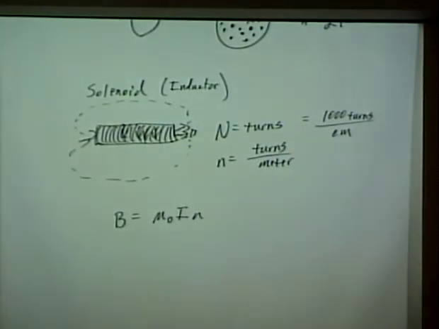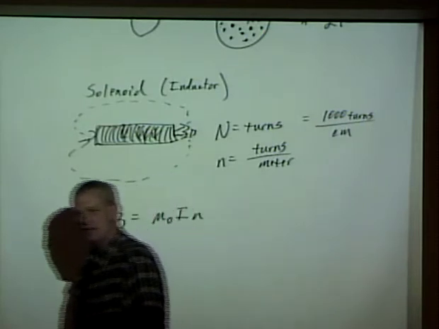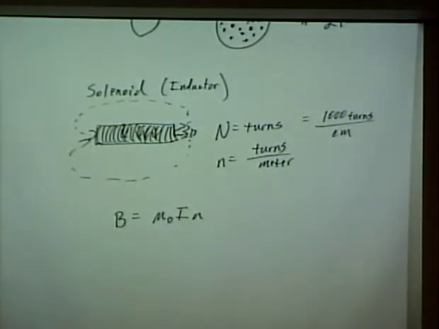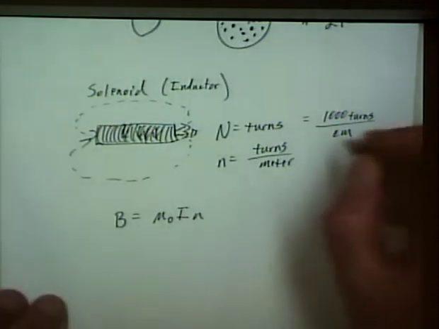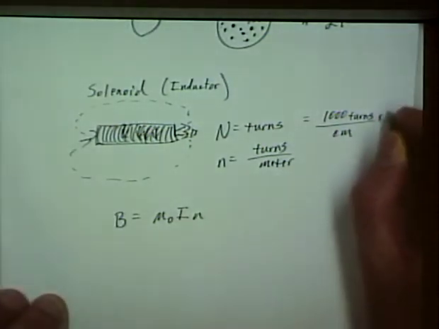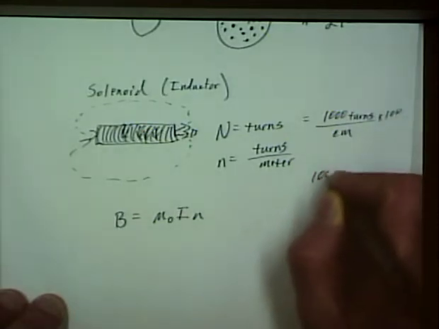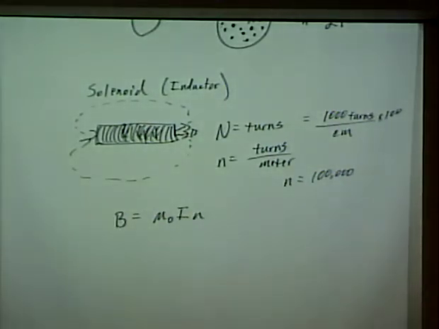I need to get that little n. How many turns per meter will it have then? What do I need to do to this 1,000 turns per centimeter? Convert it. To what? How should I do that? Multiply by 100, exactly. So we multiply this by 100. So that's 100,000 turns per meter. So n, my little n, equals 100,000.